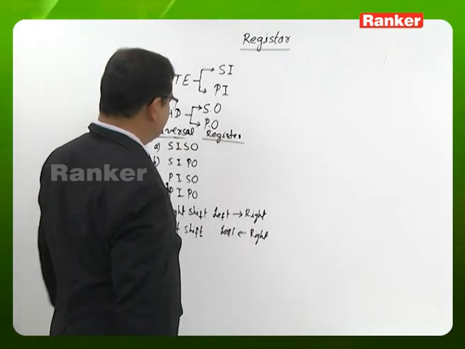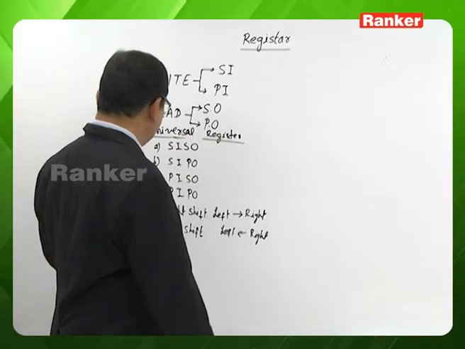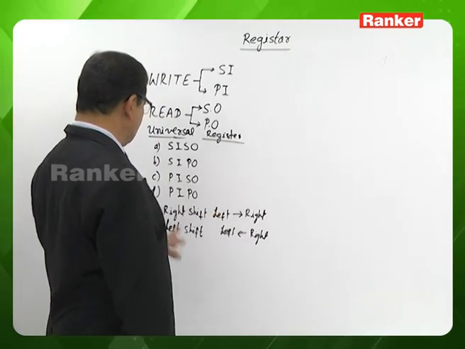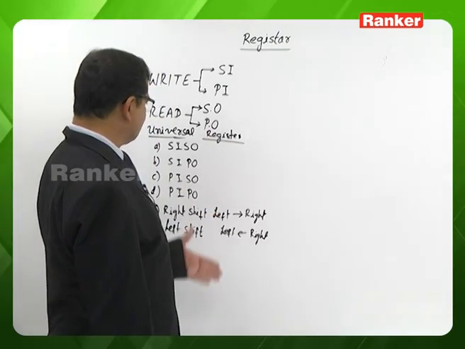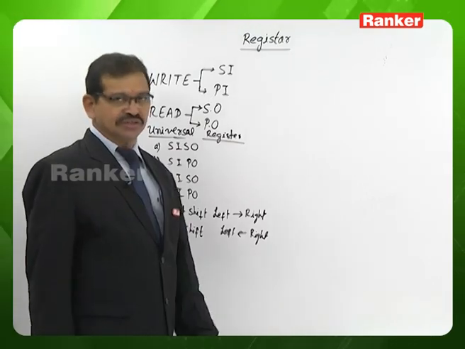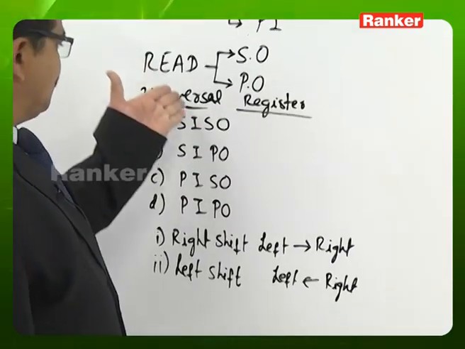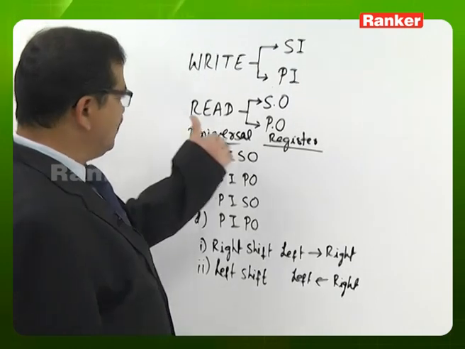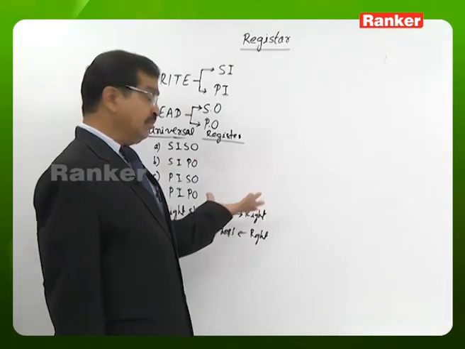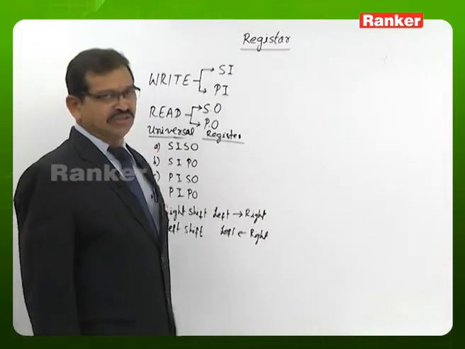In fact, in the given register, if we have at least this right shift facility or left shift facility, then we must name the register as shift register. As and when the register has all these facilities, you can name it a universal register, or if you want, we can name it even as universal shift register.